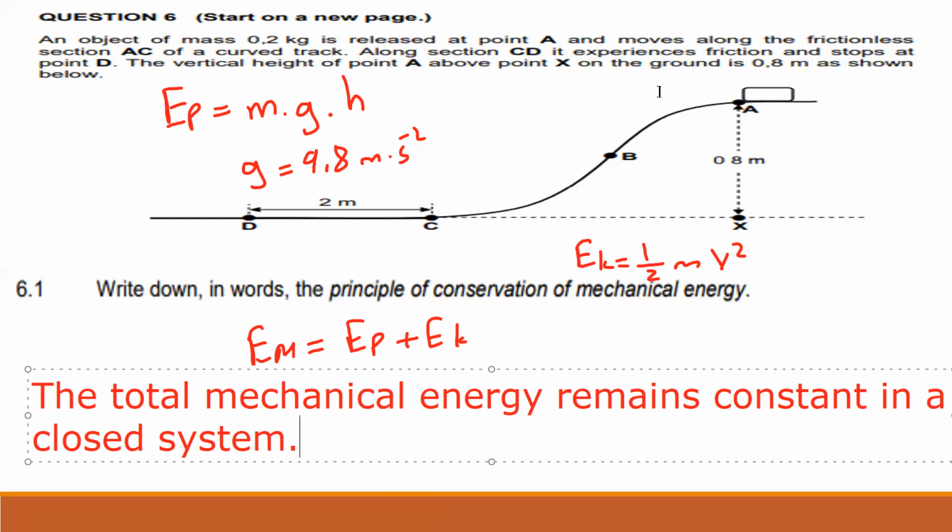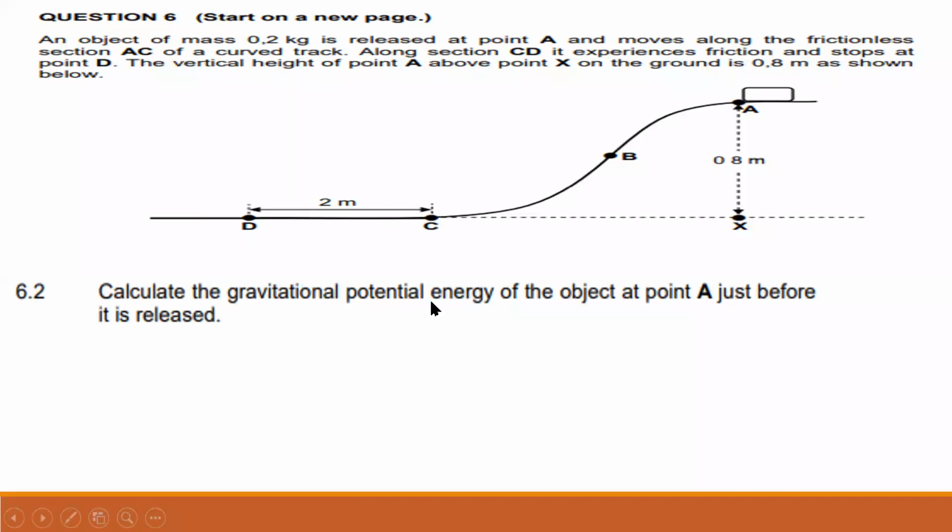Now, in question 6.2, let's see what they're going to ask. Okay, calculate the gravitational potential energy at point A. Gravitational potential energy formula, we said EP equals M times G times H. M is given in this question, 0.2 kg.